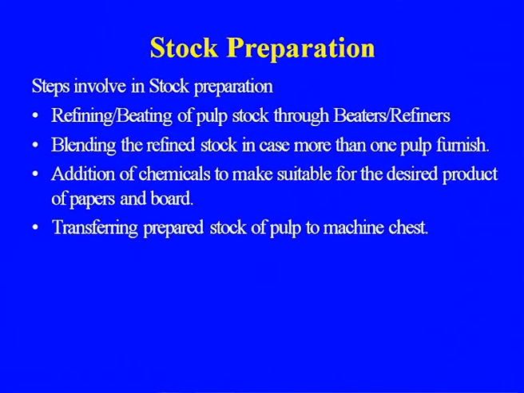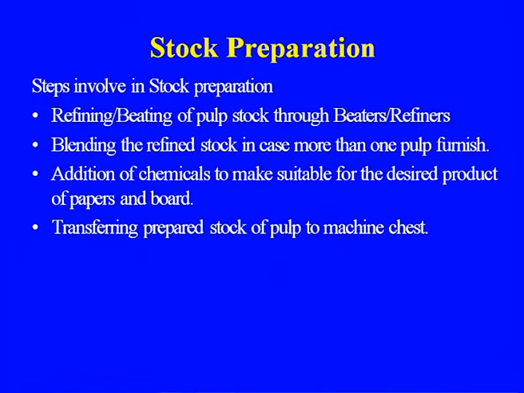Steps involved in stock preparation are the refining and beating of the pulp stock through beaters or refiners, and blending the refined stock in case there is more than one pulp furnish, because, as I told you, we are making different qualities of paper. Sometimes we use cotton linter pulp or hessian pulps, especially for board where high folding endurance is required.